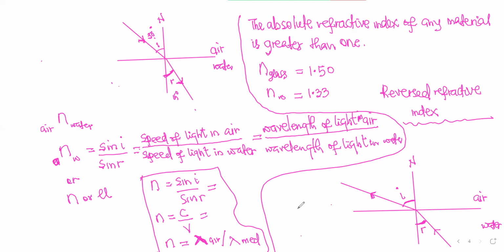All right. Now, we want to find the refractive index. Note that the moment you reverse the path, and it is now traveling from a more dense medium to a less dense medium, it is no more absolute refractive index, because for absolute refractive index, the light must actually move from air to any dense medium.